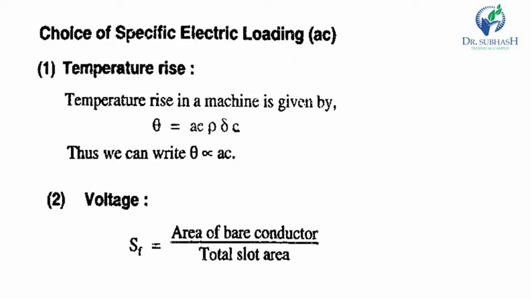The temperature rise depends on AC, rho, delta, and C. Rho, the resistivity of the material, is always constant. Delta, the current density, we also take as constant. C, the cooling coefficient, we also take as constant.